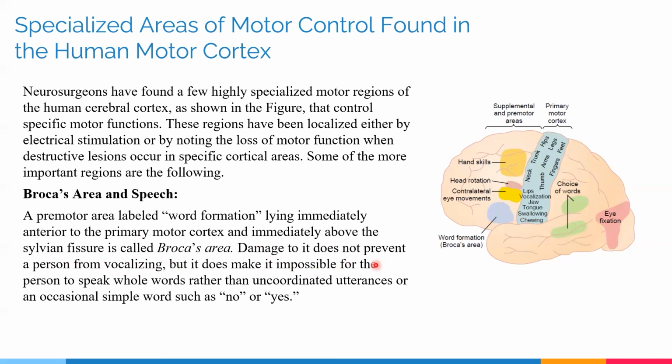Damage to it does not prevent a person from vocalizing, but it does make it impossible for the person to speak whole words rather than uncoordinated utterances or an occasional simple word such as a no or yes.